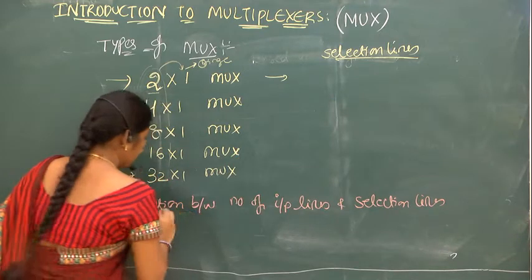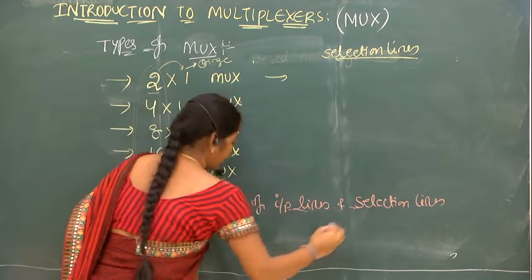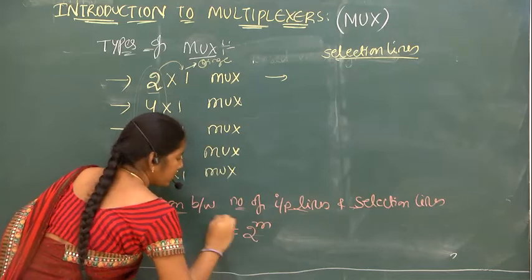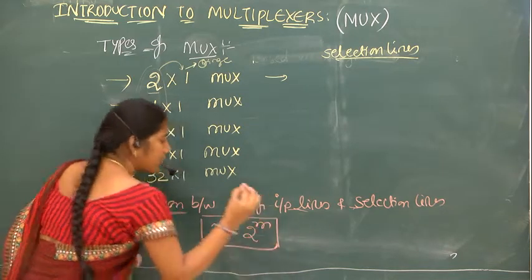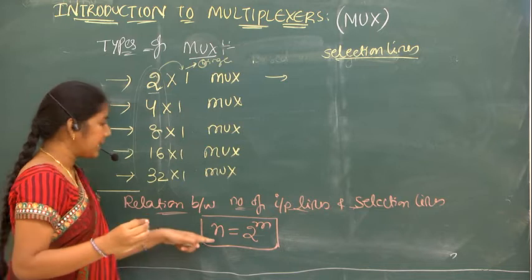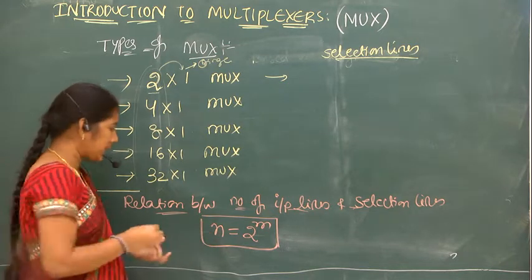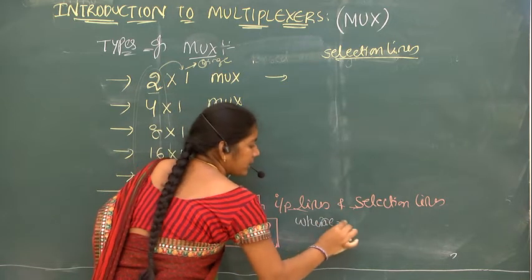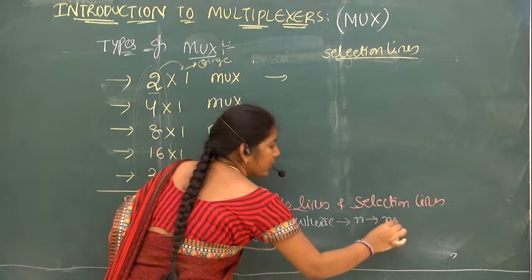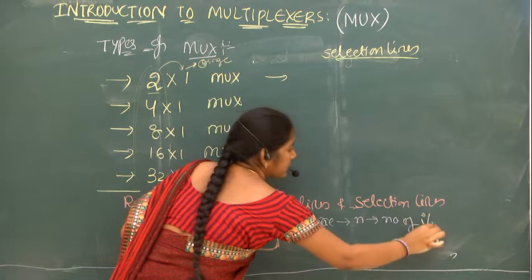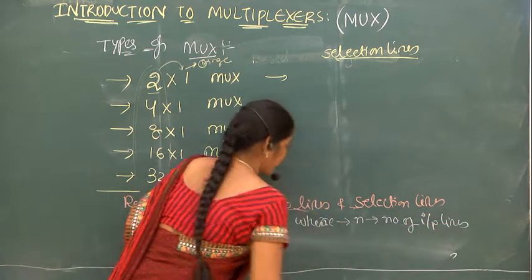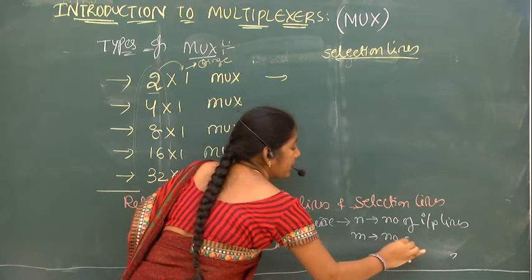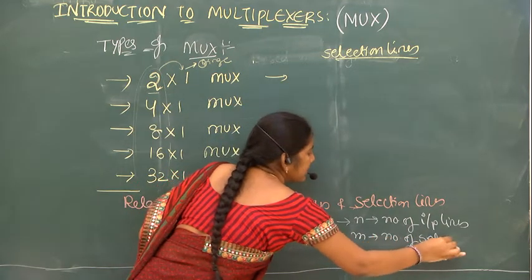That relation is n equal to 2 cross m, where n is the number of input lines and m is the number of selection lines required.